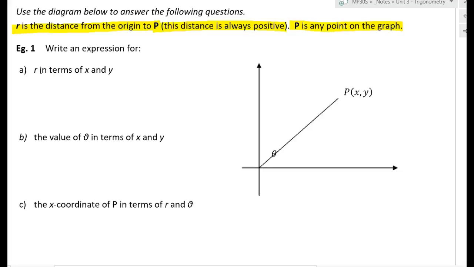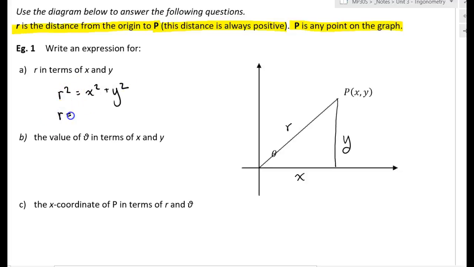If we talk about R in terms of x and y, again, we're using that Pythagorean theorem where x is here and y is here. So we've got r squared equals x squared plus y squared. It's Pythagorean theorem.